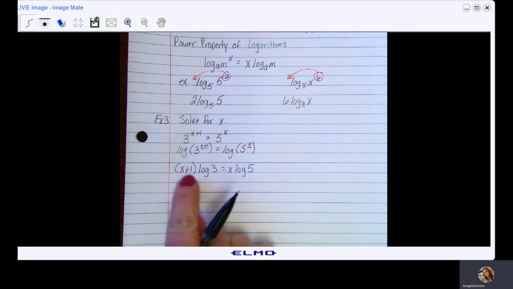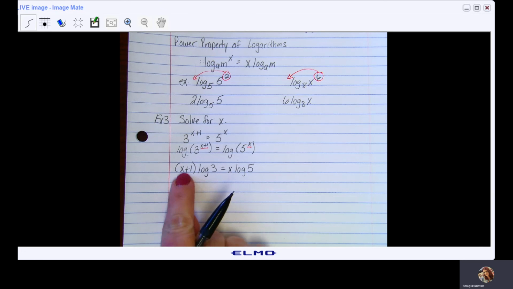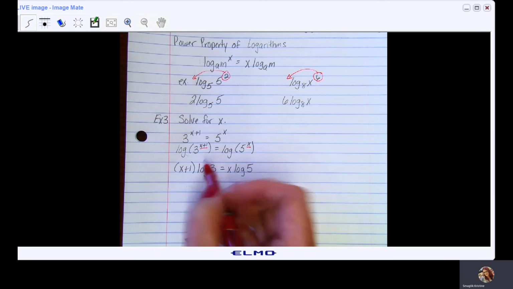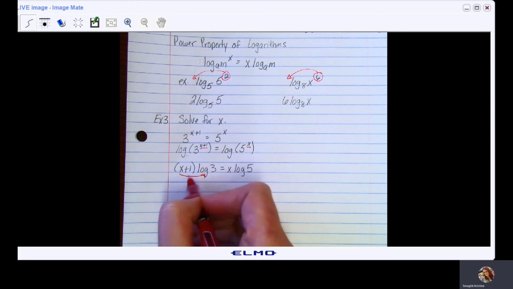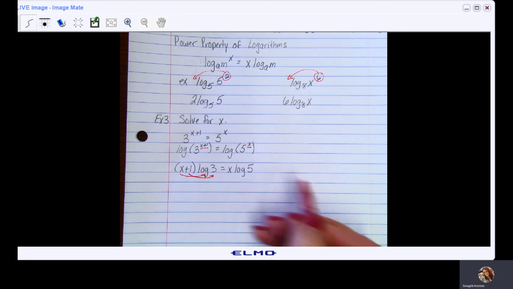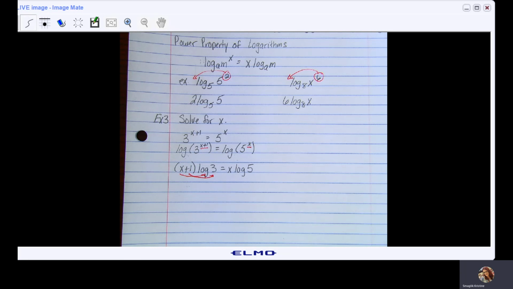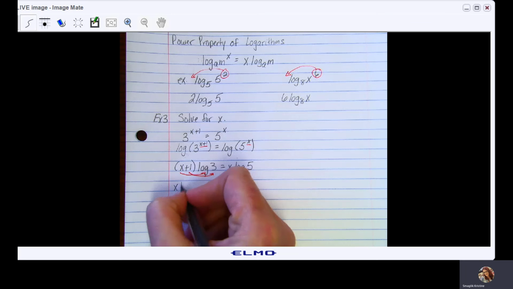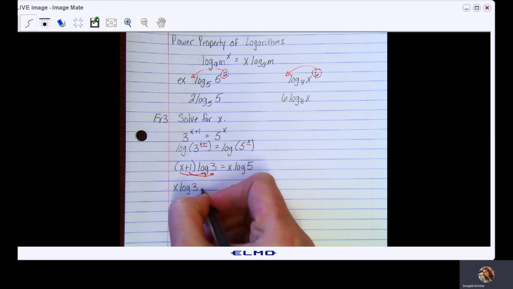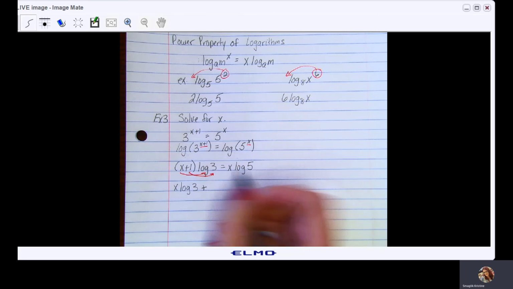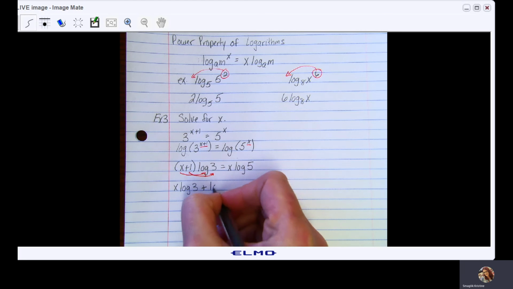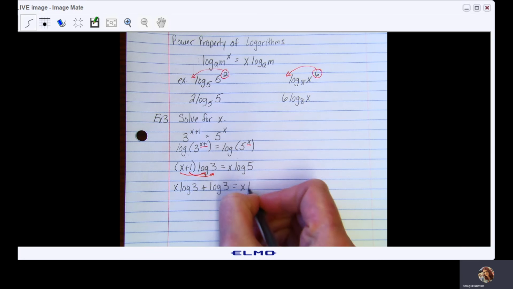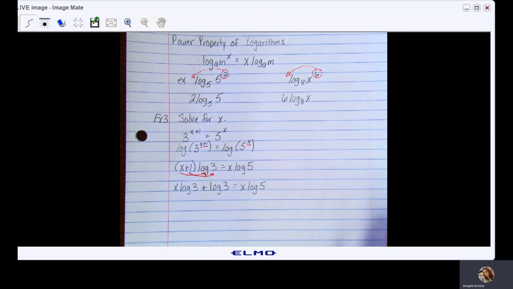And now this is multiplication. What I'm going to do is use my distributive property here, and distribute this x, this 1. So we are going to have x times log 3 plus, well, if I multiply anything by 1, it doesn't change it, so I'm going to write log 3 equals x log of 5.